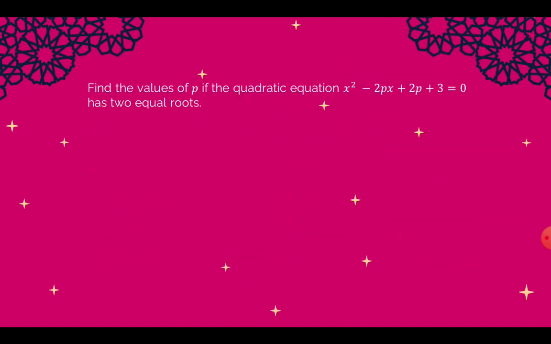Okay, let's look at example 2. Find the values of p if the quadratic equation x squared minus 2px plus 2p plus 3 equals 0 has two equal roots. The hint here is has two equal roots. So this is the type of root.